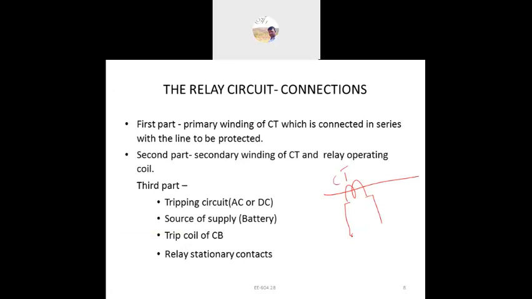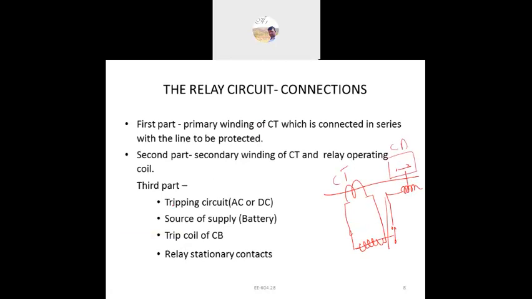The relay operating contact will be connected to the CB. So here the CB is connected.